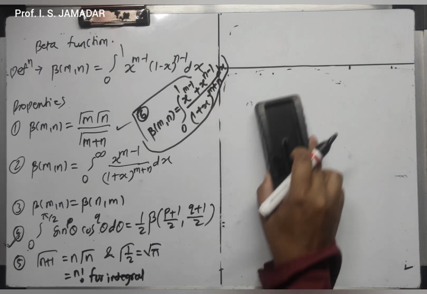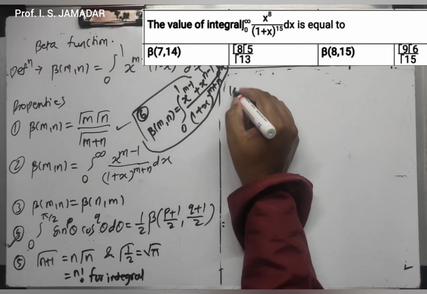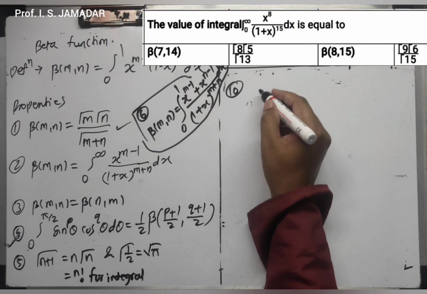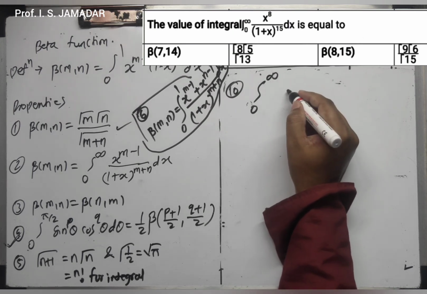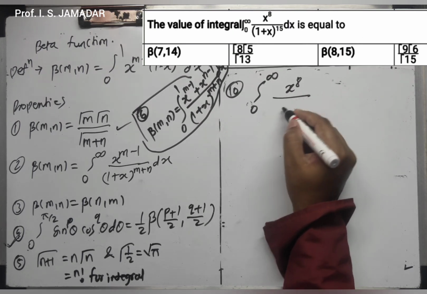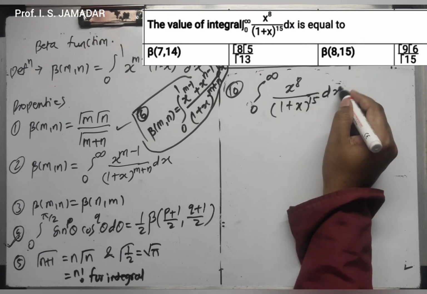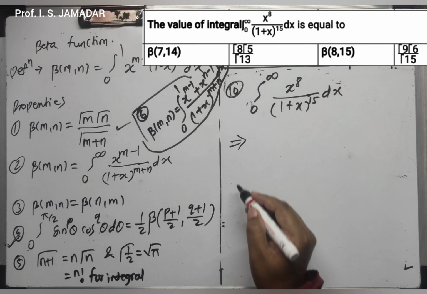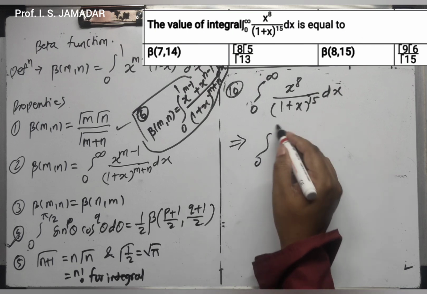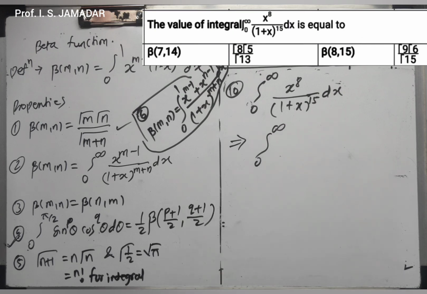Next, question number 10. The value of integration 0 to infinity x raised to 8 divided by (1 plus x) raised to 15 dx. Now the limits are 0 to infinity. When limits are 0 to infinity, think of the second, alternate formula for the beta function.